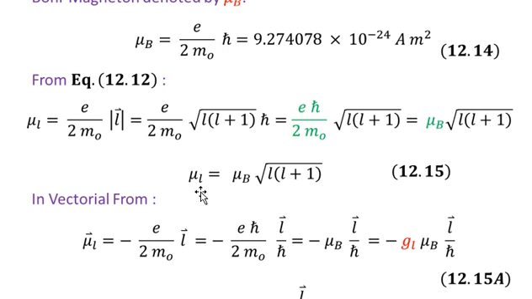That's why we have used a subscript with mu as a small l, because this will be linked finally with the angular momentum quantum numbers. So equation number 15 is a very important result.